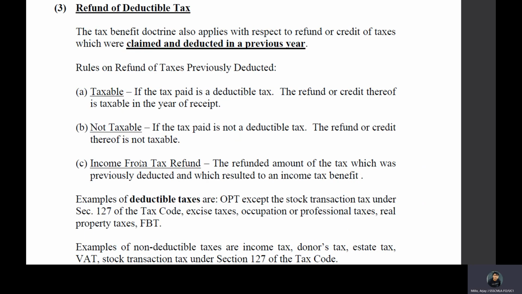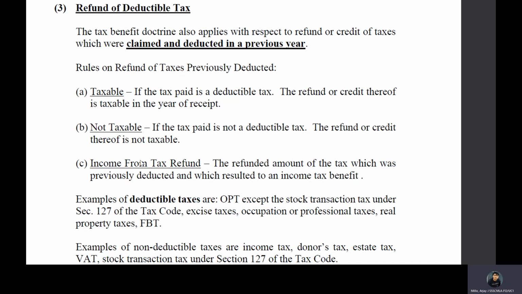Next slide, refund of deductible tax. Same with bad debts, no? If meron din tayong mga na-refund na taxes, so pwede rin natin siyang considered ulit as part of gross income kapag nagkaroon ng refund of taxes. Tax benefit doctrine also applies with respect to refund or credit of taxes which were claimed and deducted in a previous year.